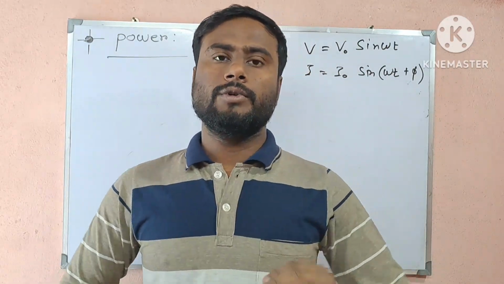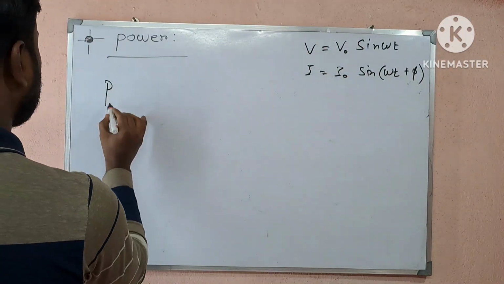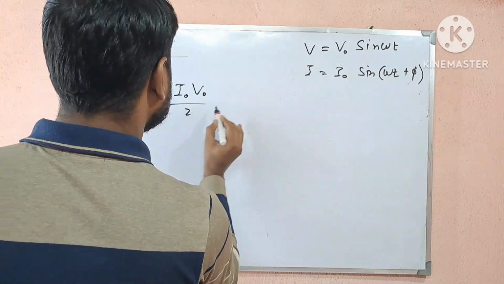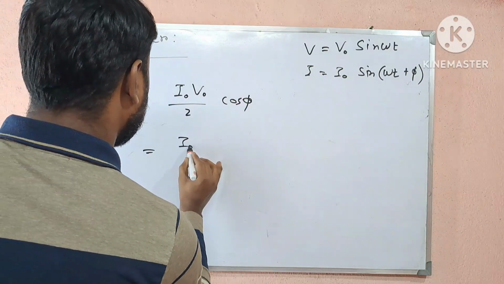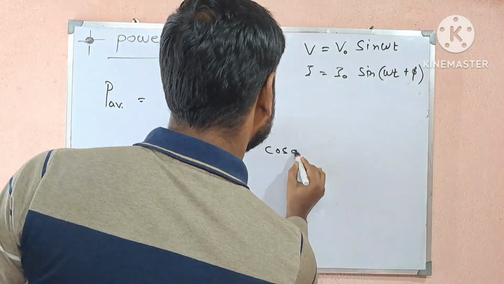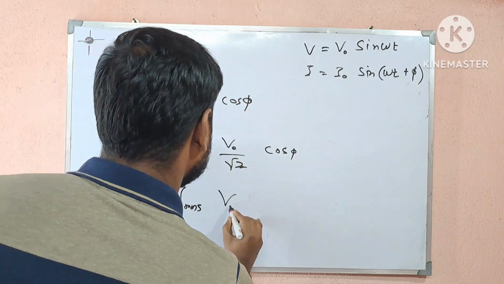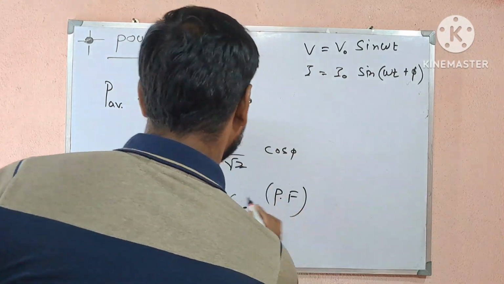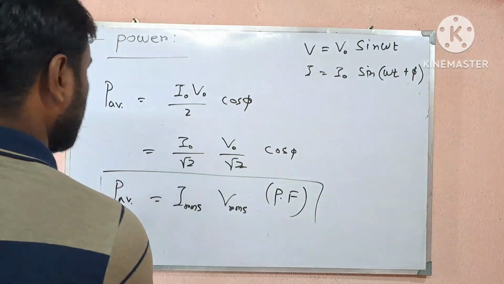The formula for average power is I0 V0 by 2 into cos phi. We can also write I0 by root 2 times V0 by root 2 into cos phi, so IRMS into VRMS into PF. This is the formula for power in an AC circuit.